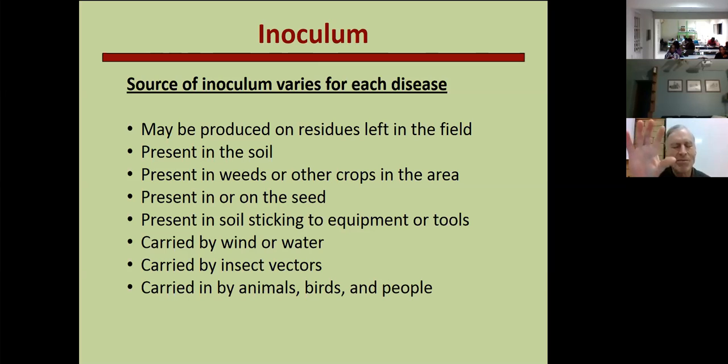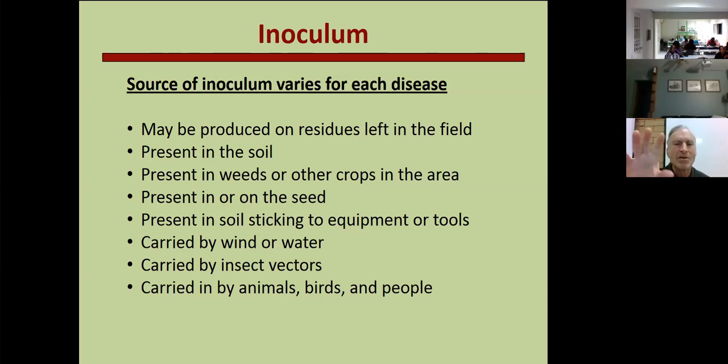Oh, inoculum, that's the part of the pathogen that gets dispersed to get to the new plant. So like for a fungus, that's the spore that blows in the wind and lands on the new plant and causes disease.